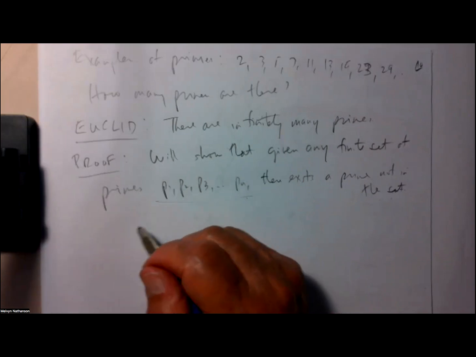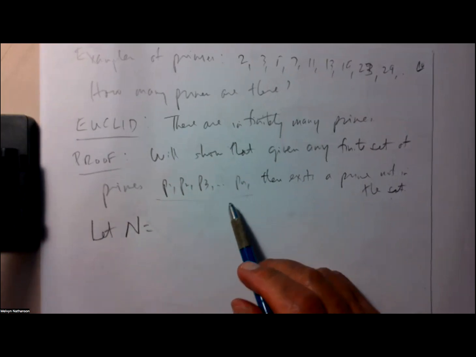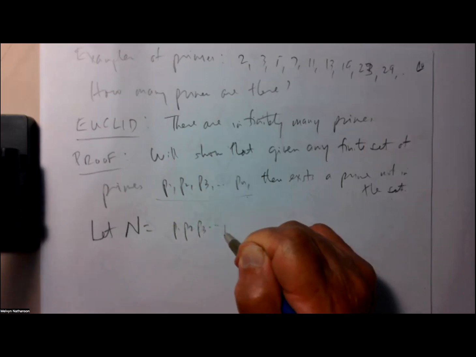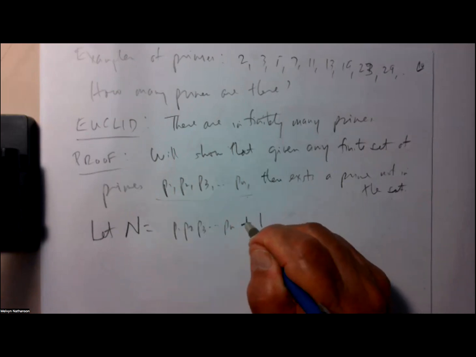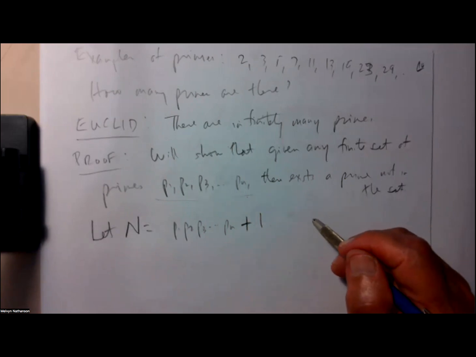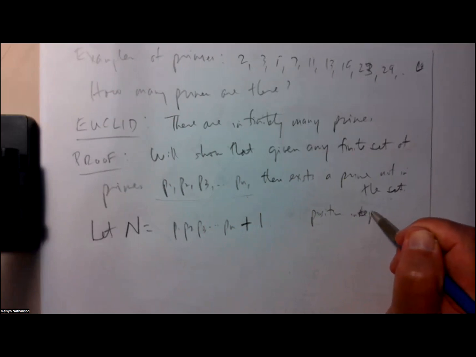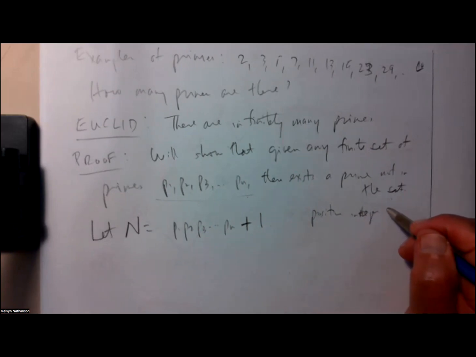And here's the idea. Suppose I let capital N be this. You can always multiply the numbers in a finite set, P1, P2, P3, up to P sub n. Just multiply these all out and add 1. So this is some positive integer, and not just a positive integer, it's bigger than 1.